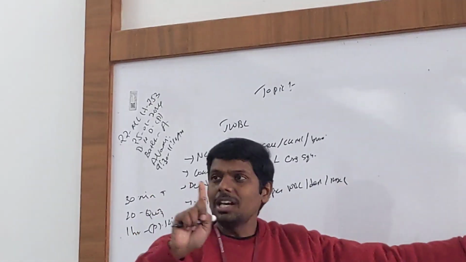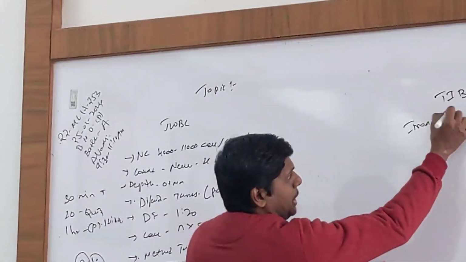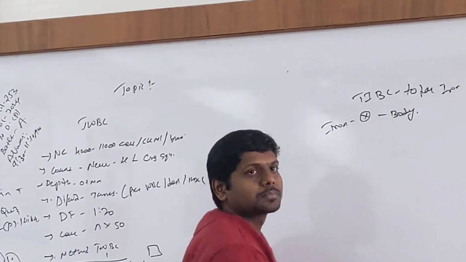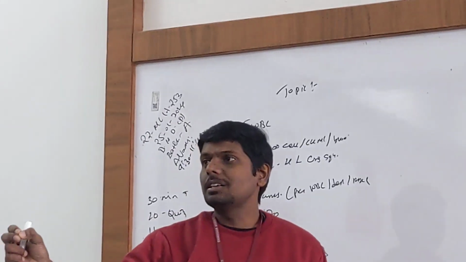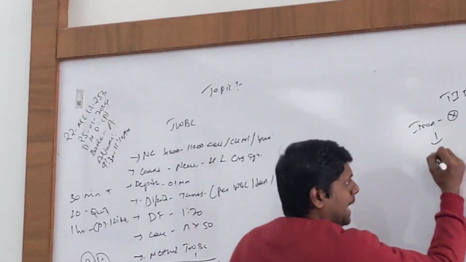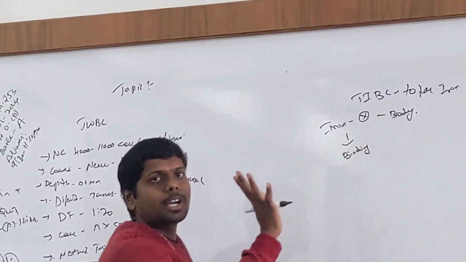Keep in mind, we are not measuring iron. We are not going to measure how much iron is present in the body. We are measuring how much iron can be bound to the protein. We are more concerned with iron binding status, not the iron content in the body.